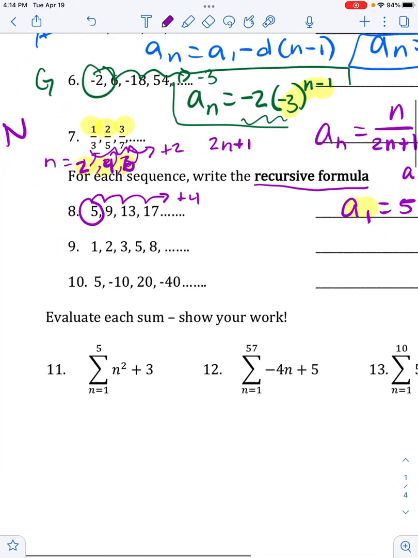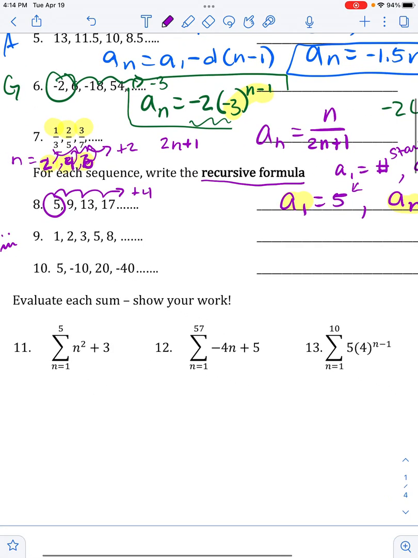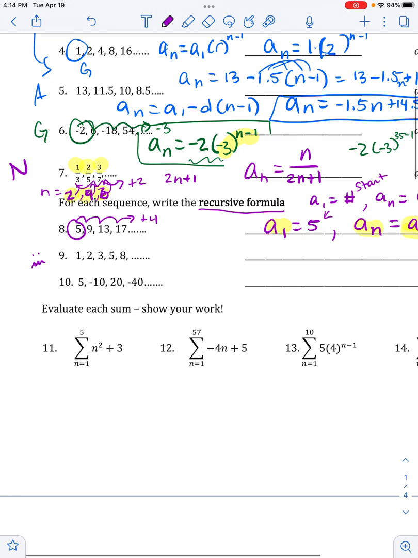This one is tricky. We've seen some like this before, but you got to be a thinker. Sometimes, and in this case, like we've seen in a couple worksheets, you got to think kind of hard, but also look for patterns we've already seen. The pattern that I see is that this 3 is the sum of the two previous numbers. This 5 is the sum of the two previous numbers. This 8 is the sum of the two previous numbers.